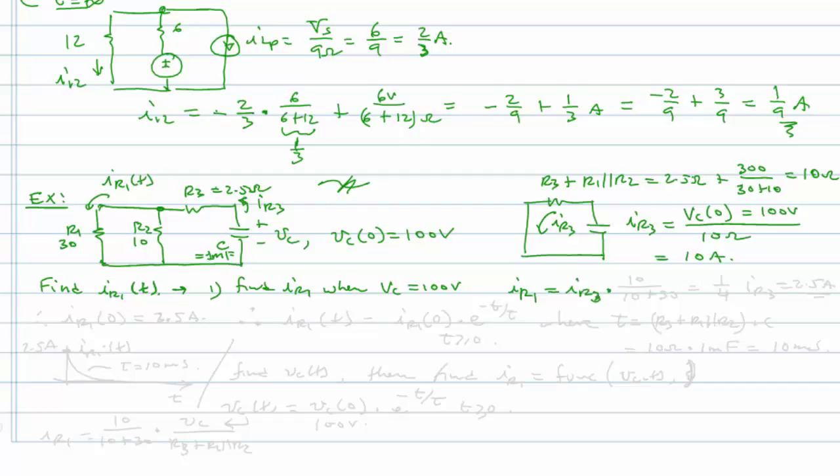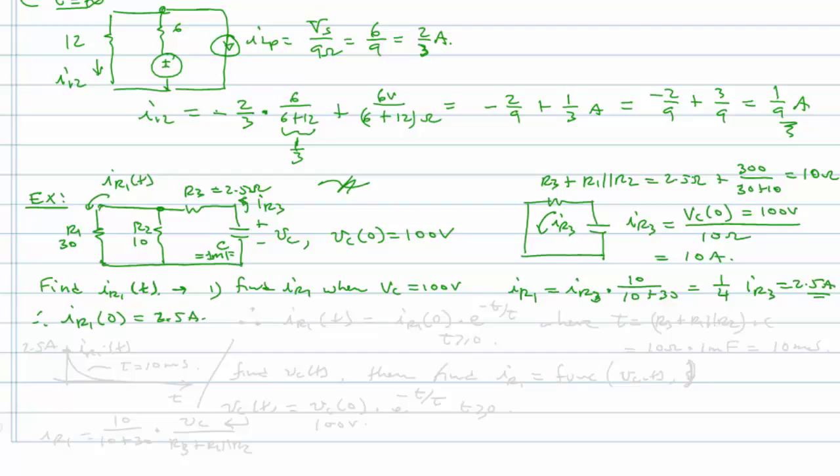So IR3 times 10 over 10 plus 30, so 1/4 of IR3, and that will be equal to 2.5 amps. Therefore IR1 at time 0 is equal to 2.5 amps.